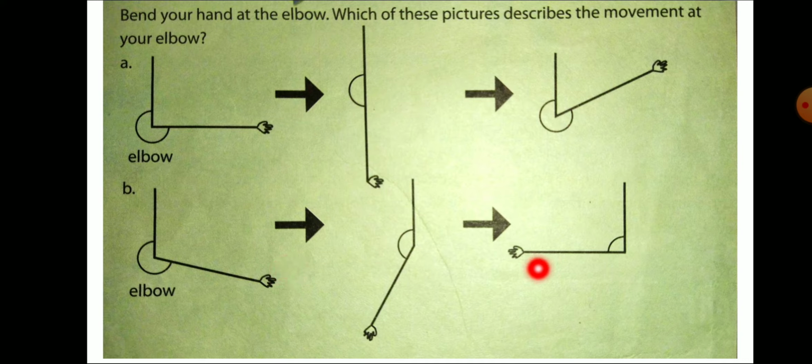Here the right hand you can keep as an L shape, with 90 degrees. Either the right hand or the left hand, it is possible to keep it in the shape of the English letter L. You can make a straight shape also, but you cannot move it to the opposite. So this kind of joint we call a hinge joint.